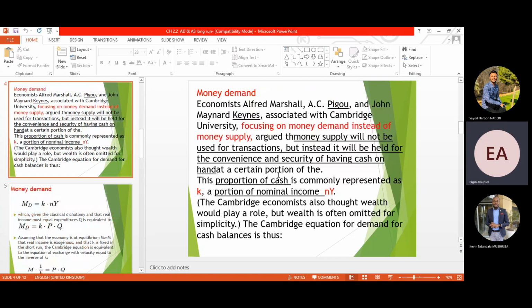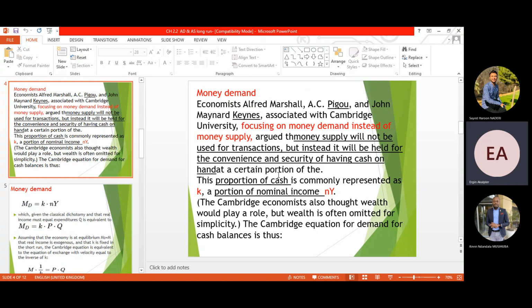The money demand economists Alfred Marshall, Pigou, and John Maynard Keynes, associated with Cambridge University, focused on money demand instead of money supply, especially the Keynesian economics supporting money demand. When you want to accelerate or stimulate the economy, you have to promote the demand side.